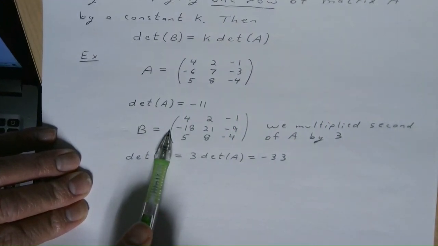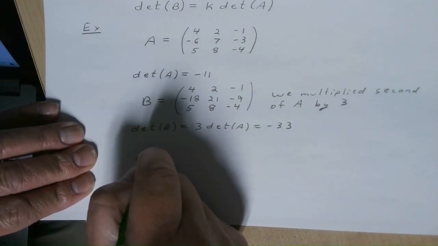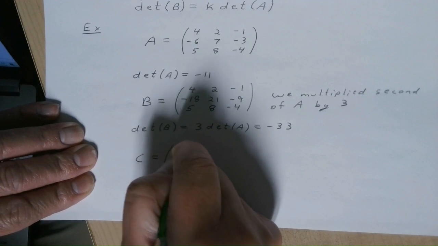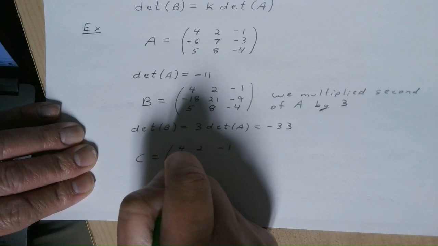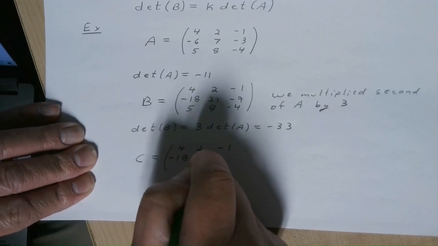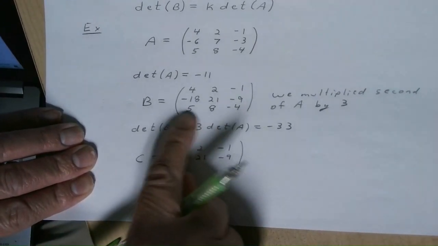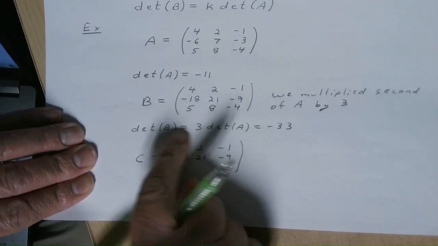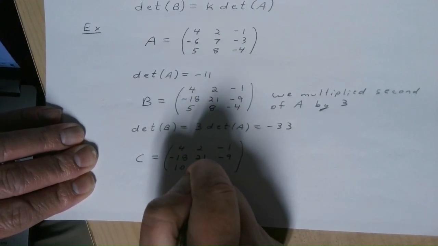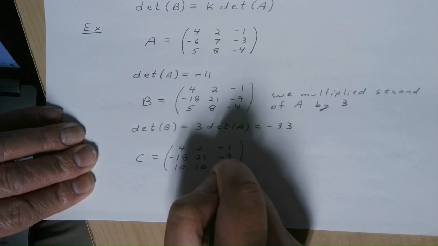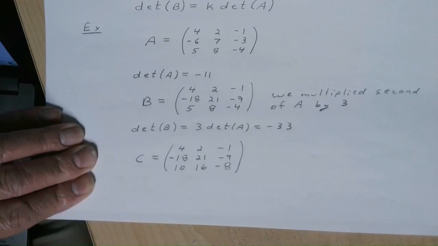And so let's say we go back to B here, and multiply the third row by 2. And that gives us 10, 16, minus 8. Like this.